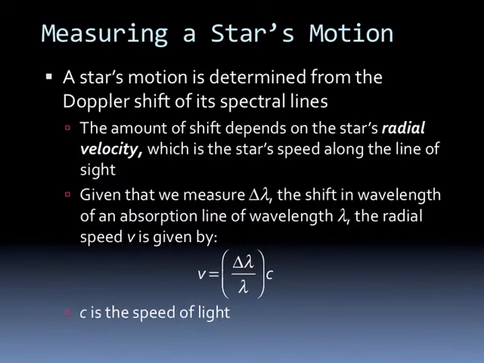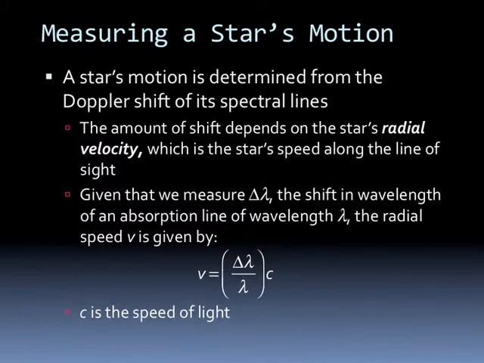Now, I said we can also measure a star's motion from spectra. We can determine that from the Doppler shift of its spectral lines. The moving of certain spectral lines, we know where they are, either one to the red side or the blue side. The amount of shift depends on the star's radial velocity. That's the star's speed along our line of sight, how far it's moving towards us or away from us.